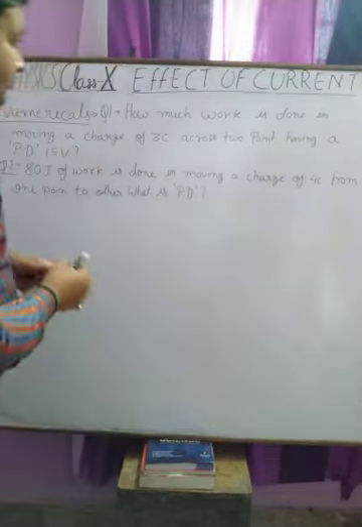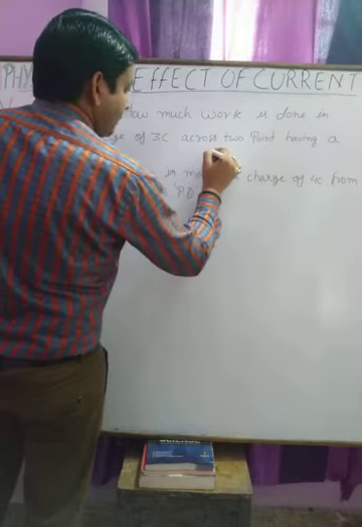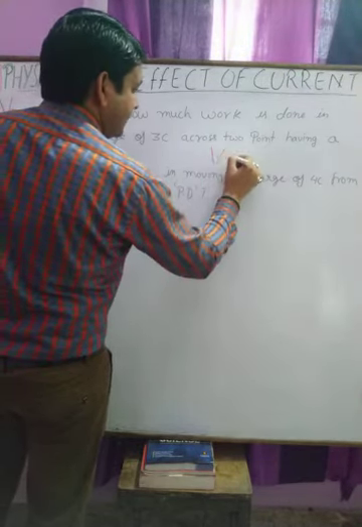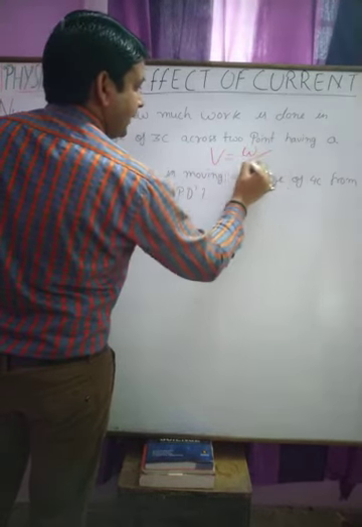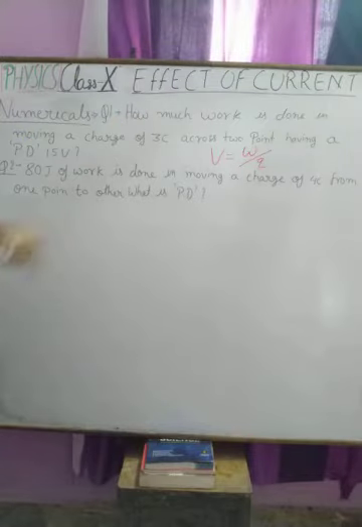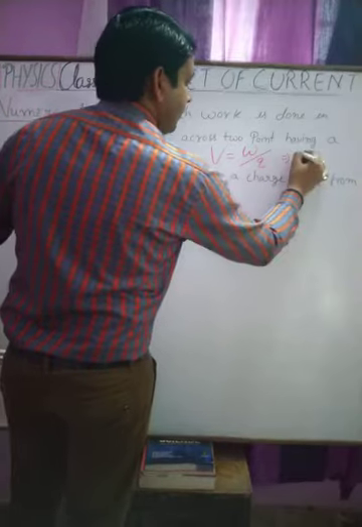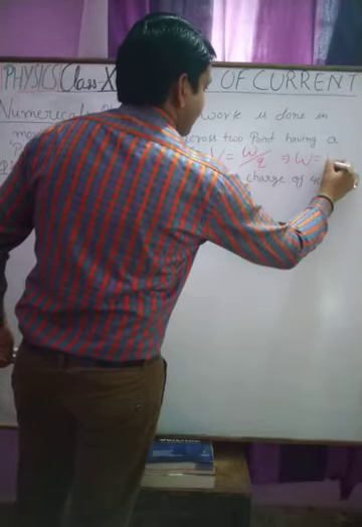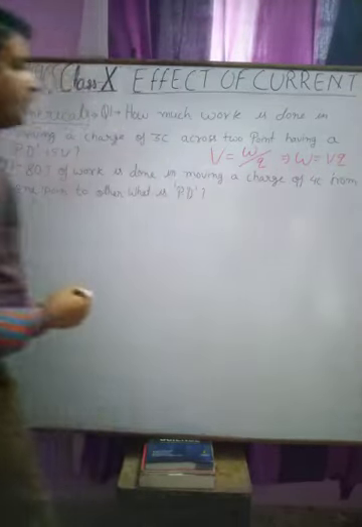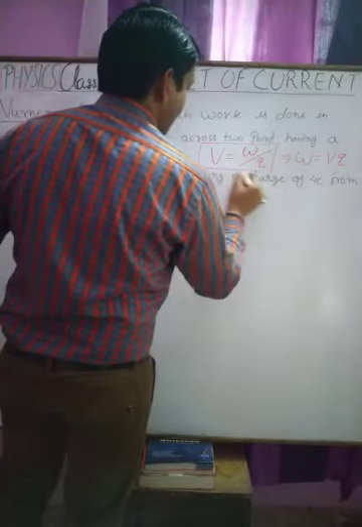The formula which we have for this is: potential difference is equal to work done upon charge. Because we have to calculate the work done, we use this formula for work done, that is W = V into Q. Okay students, remember these two formulas for solving these types of questions.